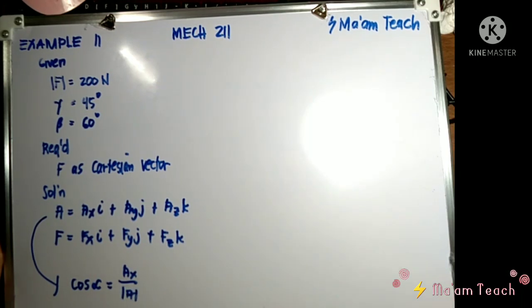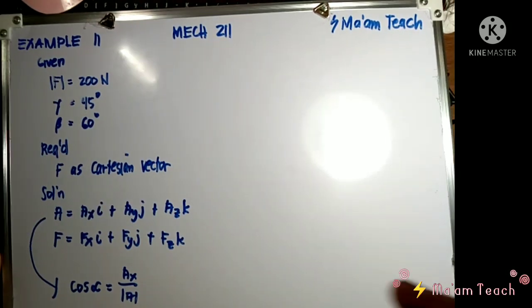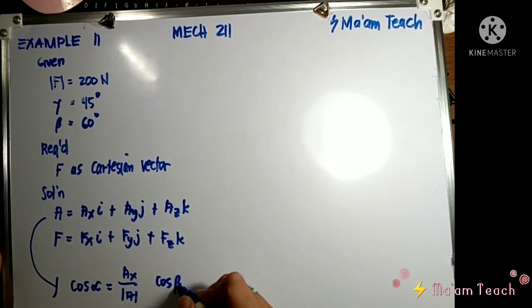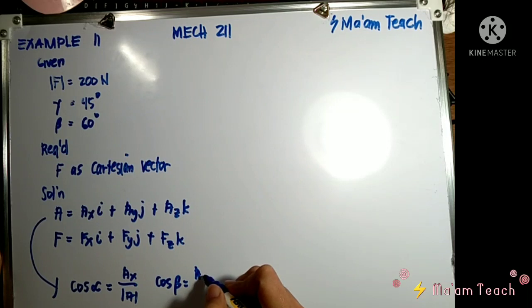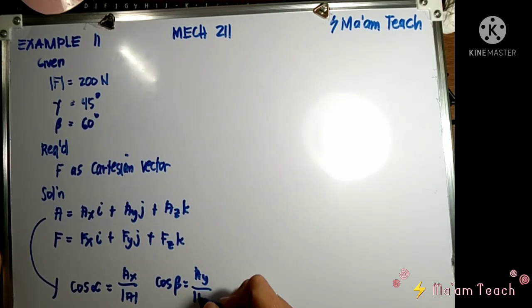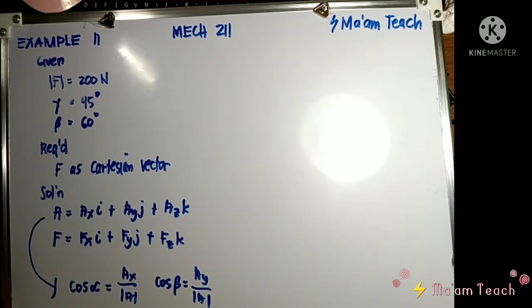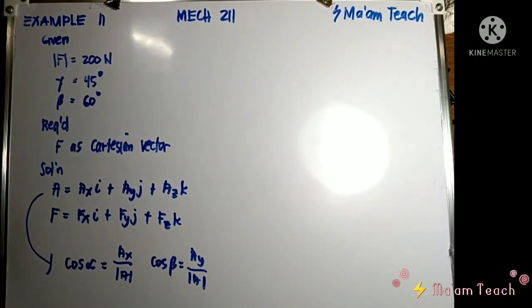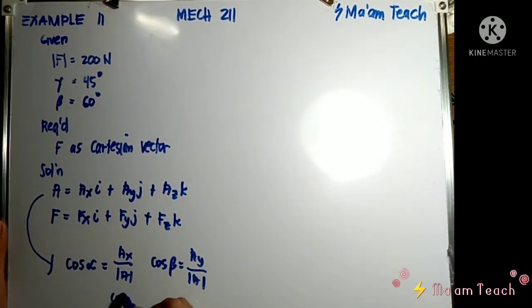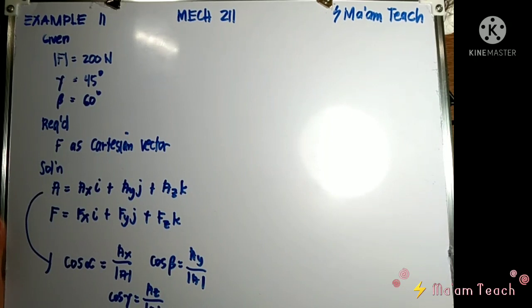While for cosine beta, we'll be able to solve for the y component by dividing it by the magnitude. And the same with our cosine gamma, we'll be able to solve for the z component divided by the magnitude.